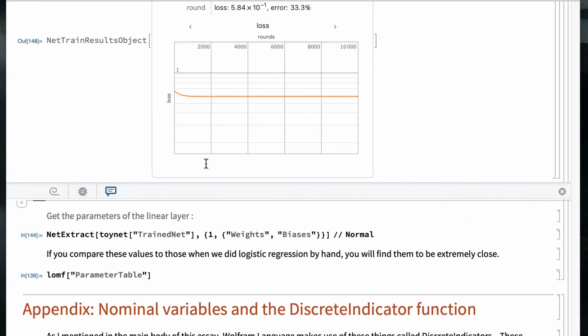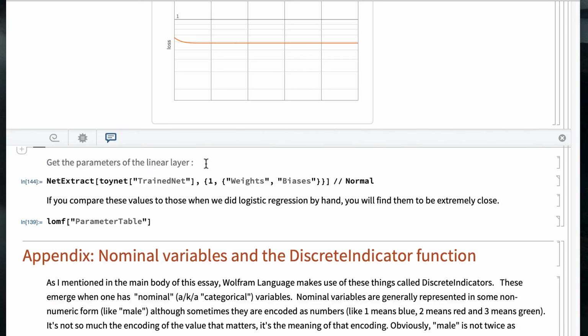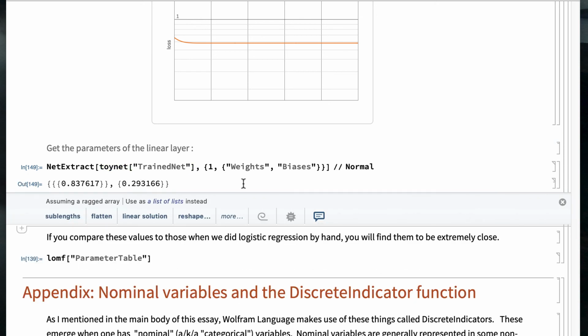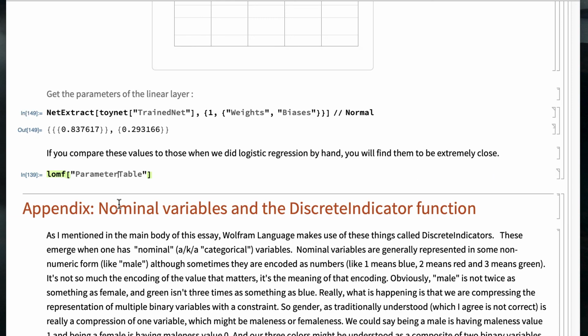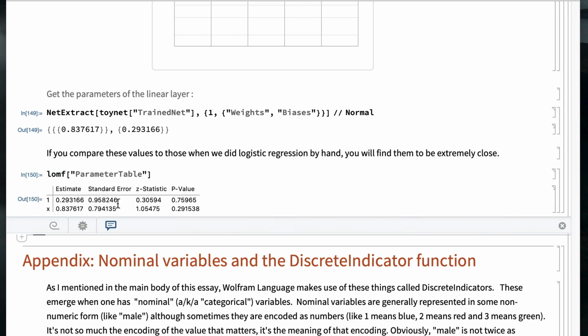All right, it's done. We've got our NetTrain results object. Let's pull the weights and biases out of that first layer, that linear layer. There we go. Those are the numbers we have. And let's see what our parameter table says. Our parameter table has these estimates of what the parameters should be, 0.293166, 0.837617.